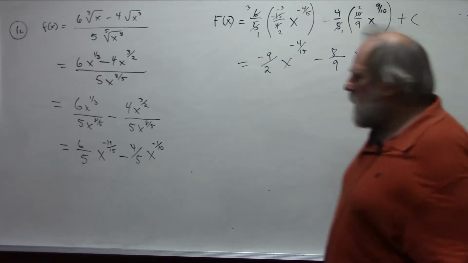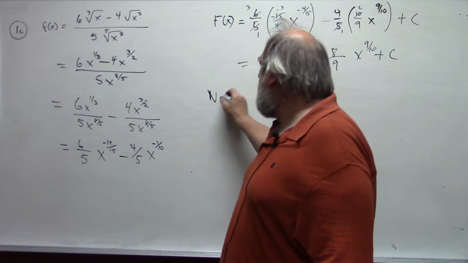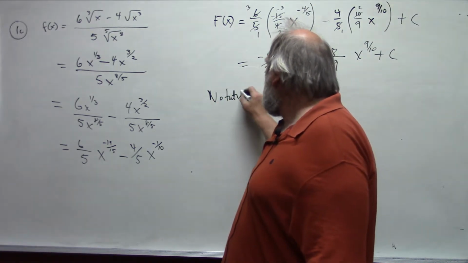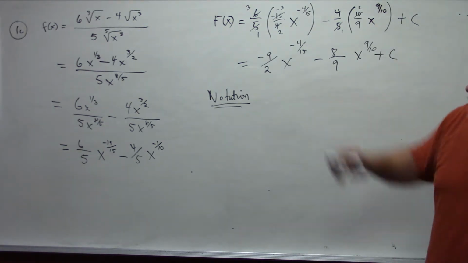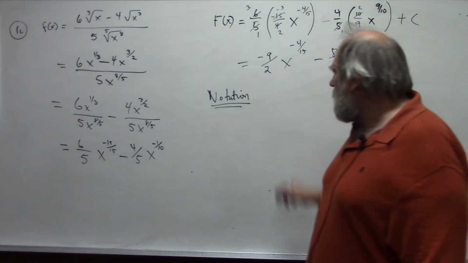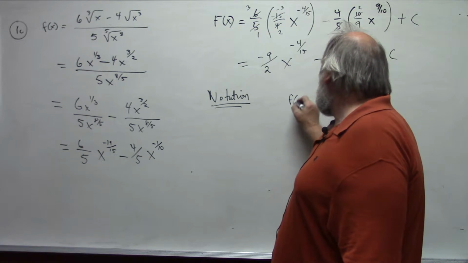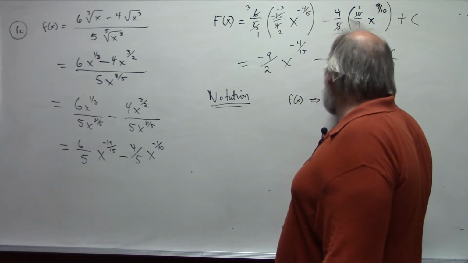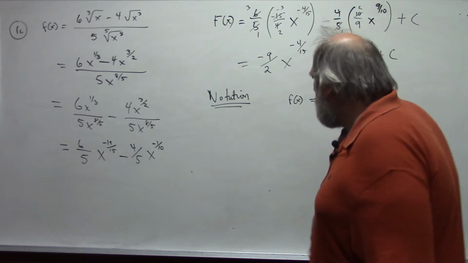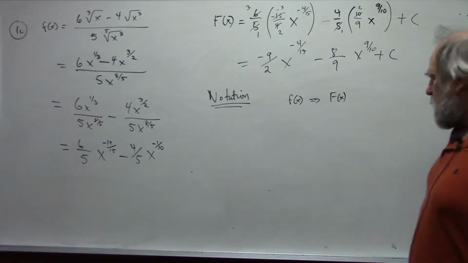Now, let me introduce new notation. Rather than dealing with this notation and saying that, given an f of x, we can find the antiderivative, capital F of x, let's look at the bigger picture.